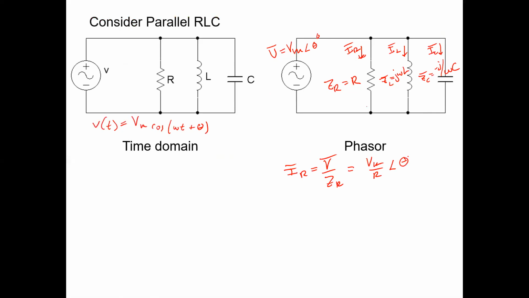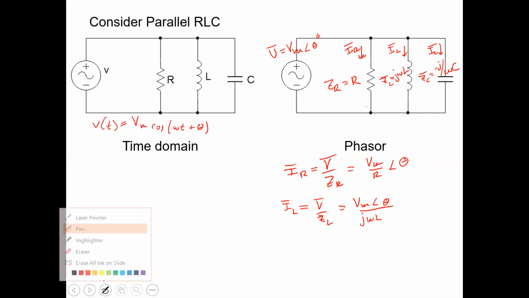It's the same phase angle as V. And IL is going to equal V over the inductor impedance ZL. And that's going to be Vm angle theta over j omega L.